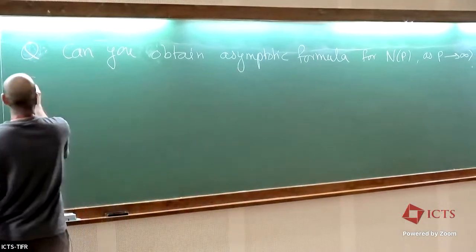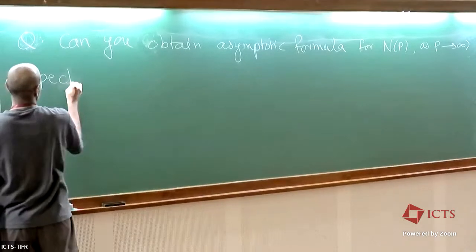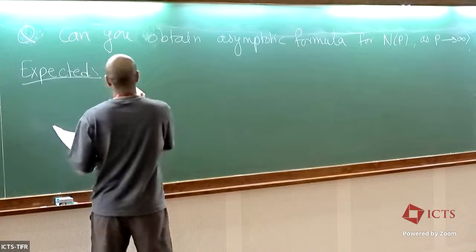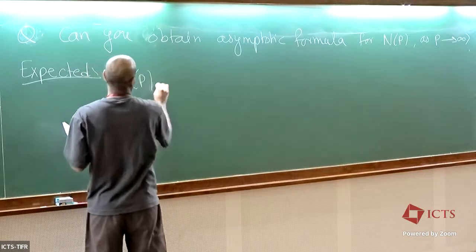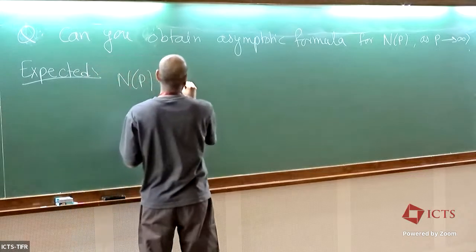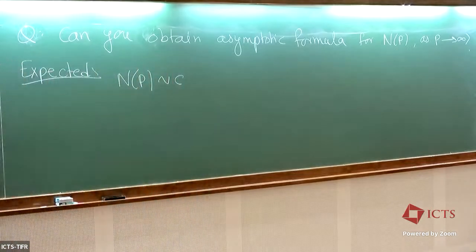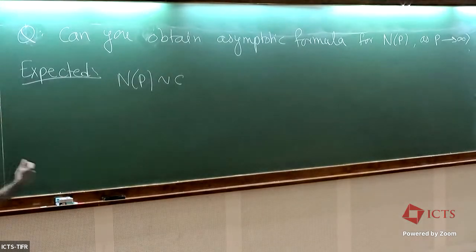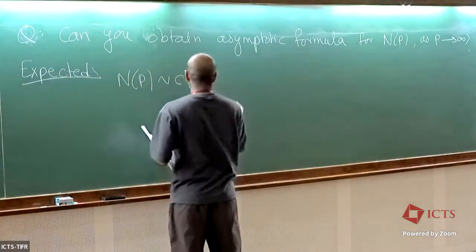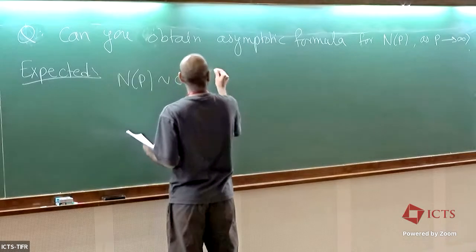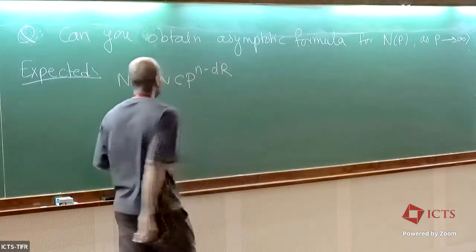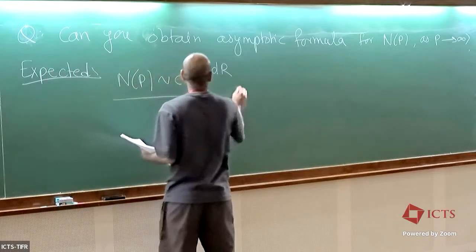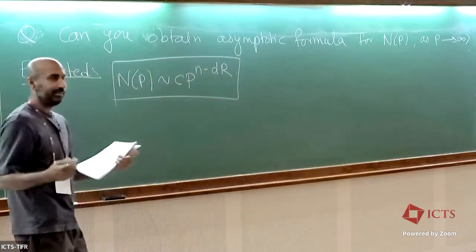And what is the expected size? I think Tim also mentioned this yesterday. So here's a generalization of what you saw yesterday. Roughly, if you have R polynomials of degree d, then you expect P to the n minus d times R many solutions. So this is the expected asymptotic formula.